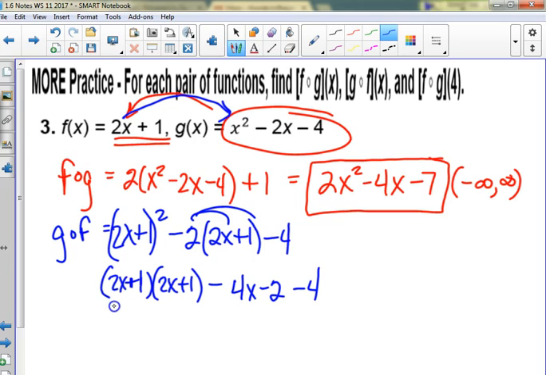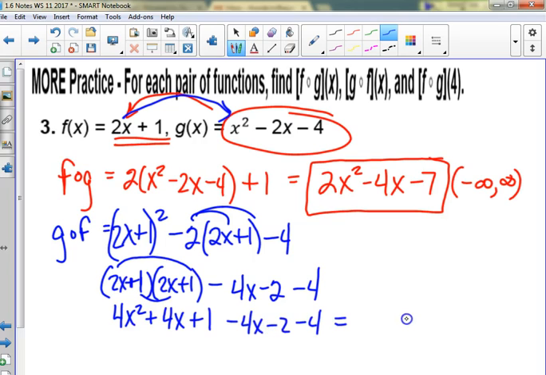Okay, what happens when I FOIL this together, anybody? Yep, there's a plus 2x and another plus 2x. Plus what? 1 times 1 on a good day is 1. I'm not going to simplify anything till we get to here. Now, if I simplify, what do I have left? 4x squared minus 5?